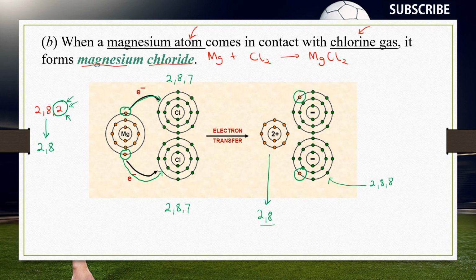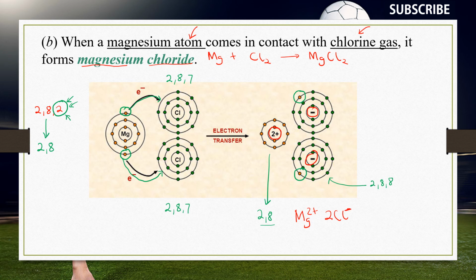We shall have magnesium with a 2 plus charge, and the chloride ions will also become negatively charged. So we shall be having magnesium with a plus 2 charge, and 2 chloride ions, each with a minus.